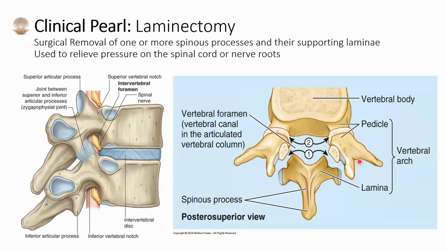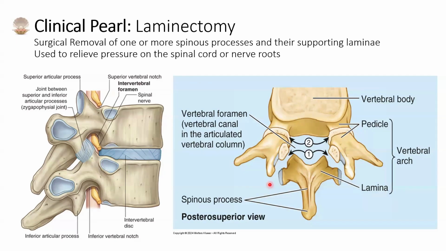Clinical pearl here is related to a laminectomy. So remember a lamina. The lamina is this posterior projection here. Pedicles are coming straight off the back of the vertebral body. Lamina are coming here and then coming together to form the spinous process.